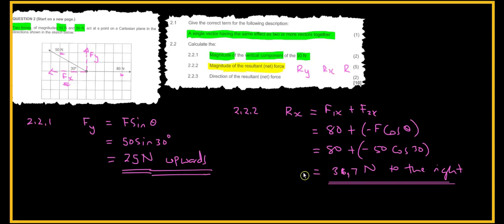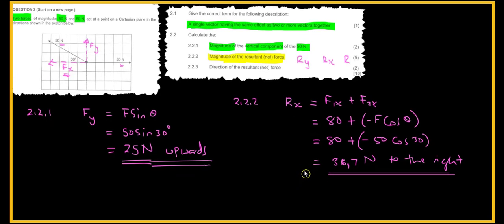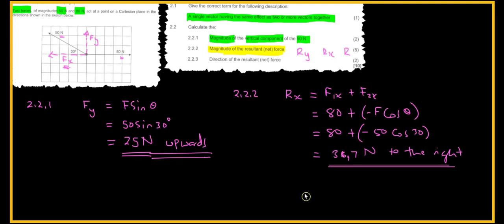Okay, next up I need to find my Ry. For the Ry, I add F1y plus F2y. This particular force here does not have any y component, so F1y is 0.